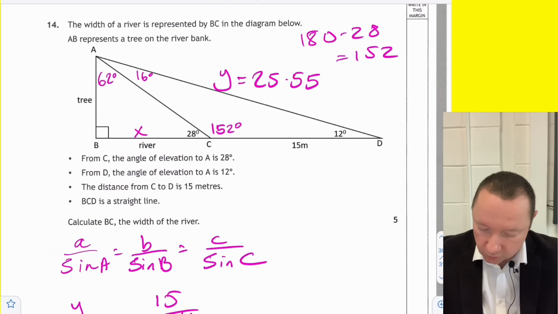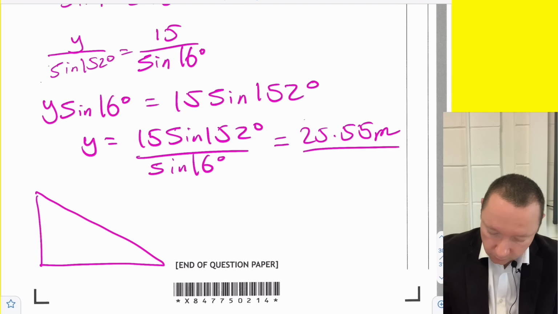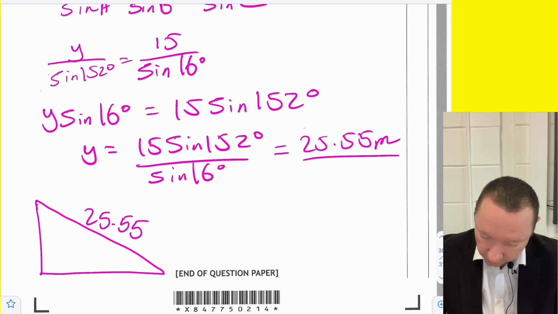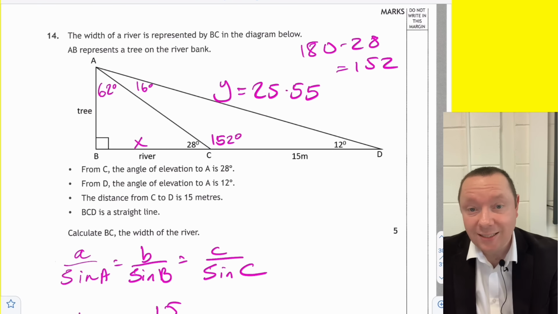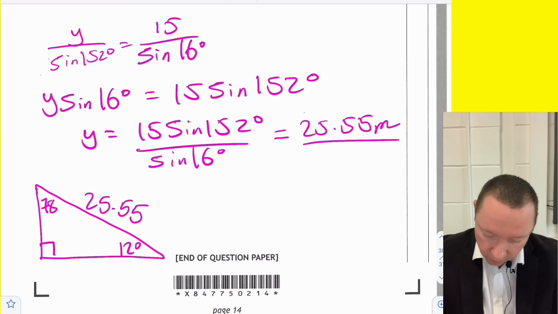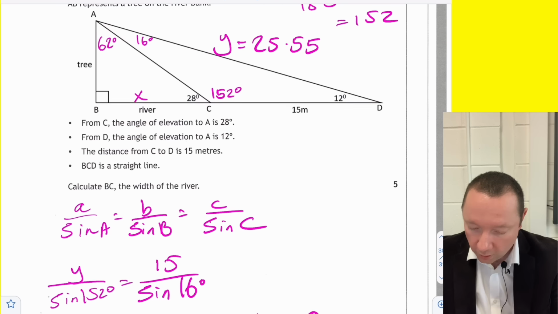So we now know that's 25.55. So if we think of it as the big triangle, if I draw that out for you, where the tree is, we've now got 25.55 here. From the big triangle, we had 12 degrees down here. We had a right angle here, and we had 62 plus 16, that'll give me 78 degrees, because it's a big triangle. And remember, we're trying to work out the width of the river.